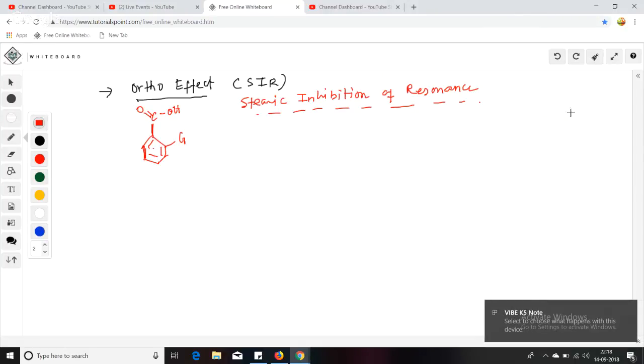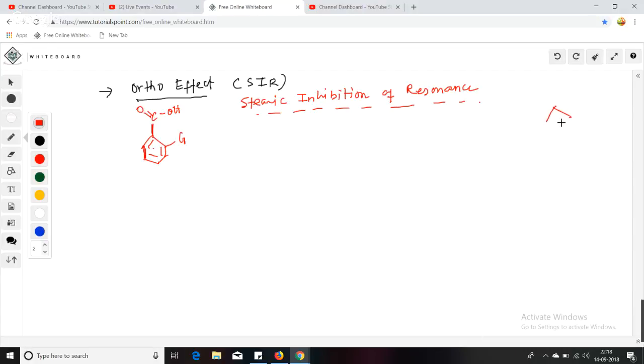If you see simple benzoic acid, COOH, all carbon atoms are sp2 hybridized, so it is a planar molecule, right? It is a coplanar molecule. All atoms are in the same plane, and since it is planar, resonance is possible.